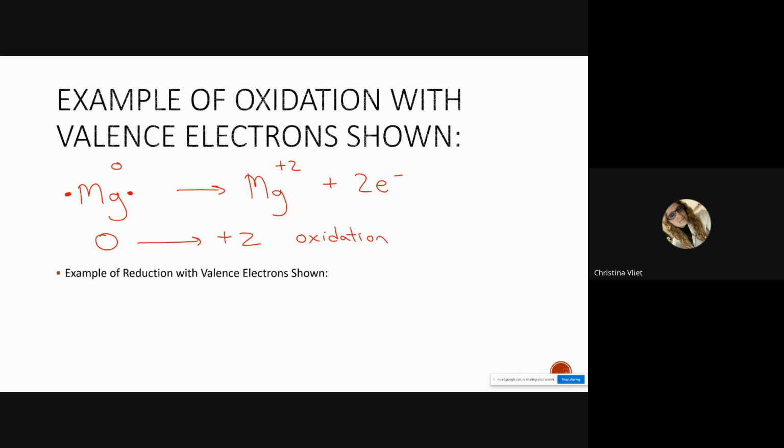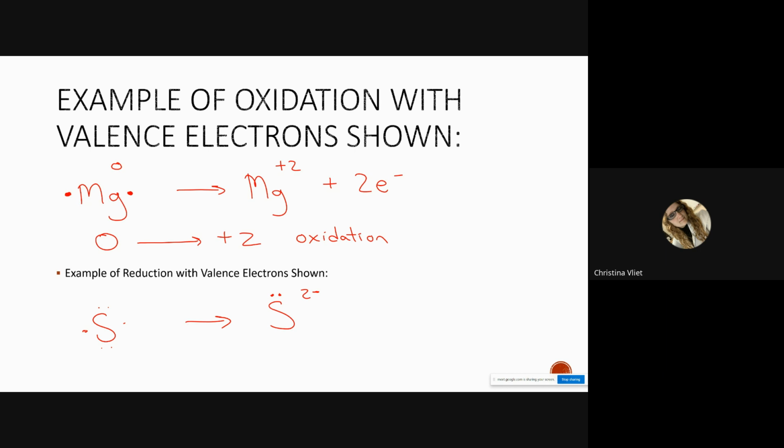And so, an example of reduction, with the valence electrons shown, let's take a look at sulfur now. Sulfur starts with 6 valence electrons. When it forms a compound, it would become S2-, which means instead of having 6 valence electrons, it would actually have 2 minus.